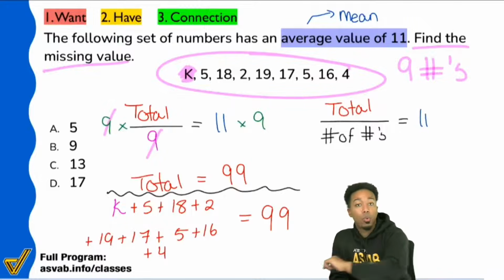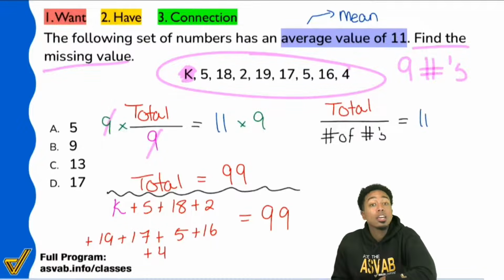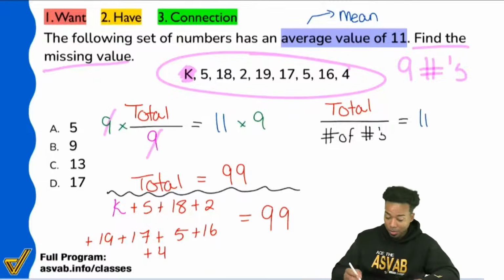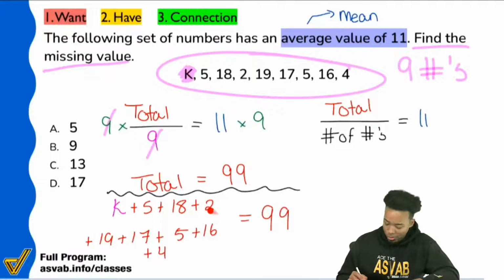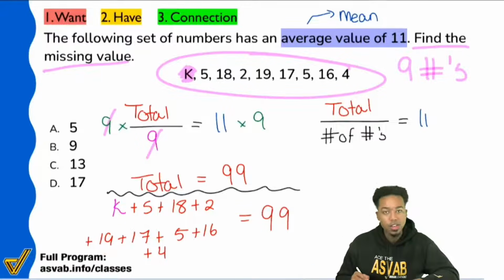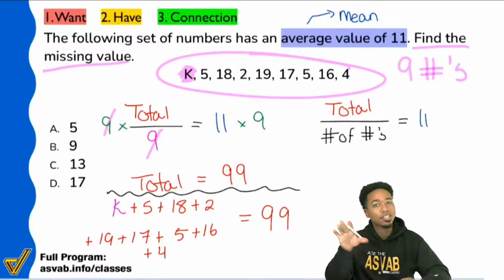So, where do we go from here? Take all the numbers away. We could do ourselves the favor of adding them all up first. And if we do, 5 plus 18 plus 2 plus 19, all that stuff together, what's everything going to get us without K?